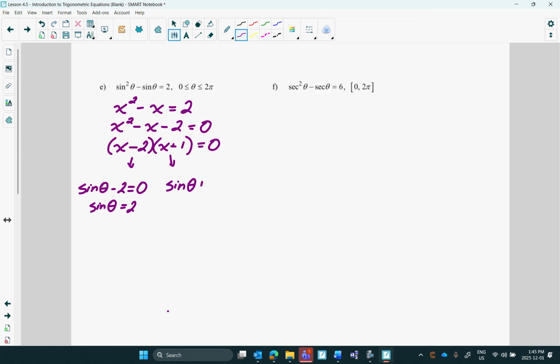Replace x with sine theta, so sine theta plus 1 equals 0, or sine theta equals negative 1. I recognize that as a unit circle value. And there's actually only one answer to this one. 3 pi over 2.